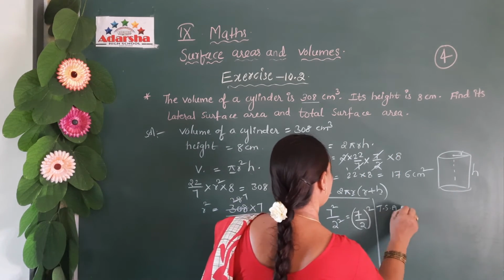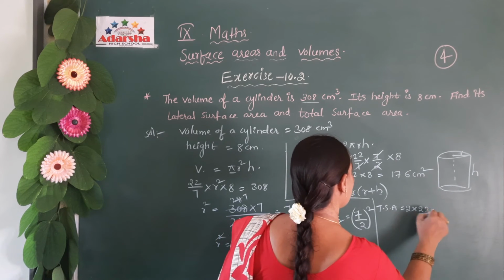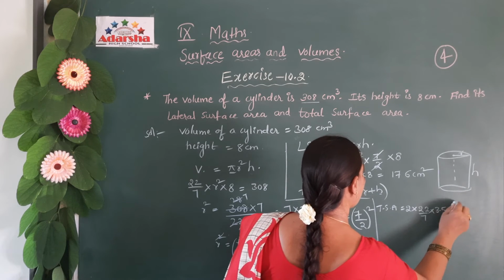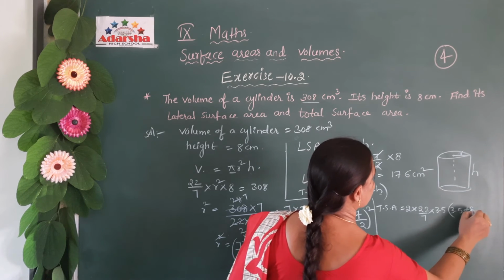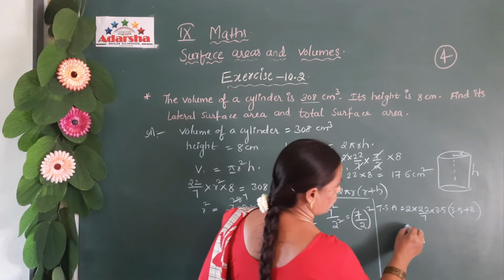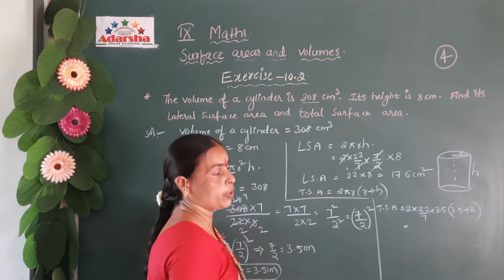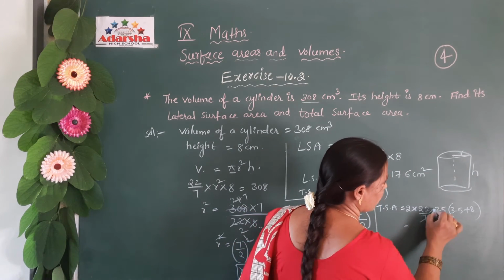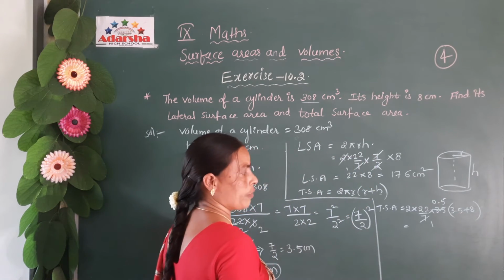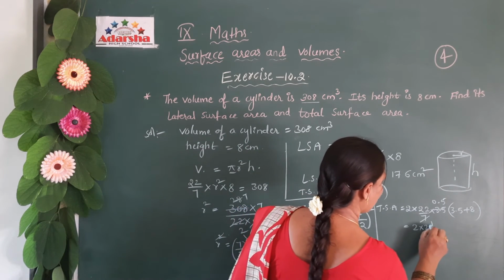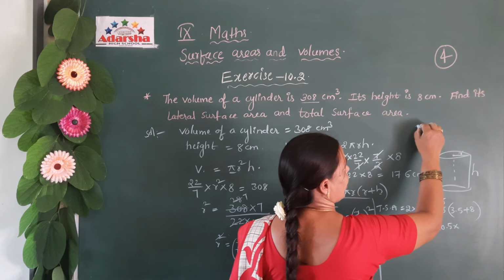TSA is equal to 2 into pi value, we know 22 by 7, into radius 3.5 into 3.5 plus height 8. Now here 2 into 22, 3.5 and 7 are simplified in the 7 table. 7 ones are 7, 7 5s are 35. Now 7 0.5s are, 2 into 22 into 0.5 into 3.5 plus 8.